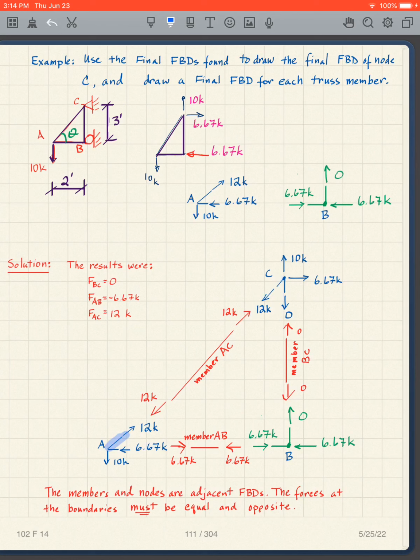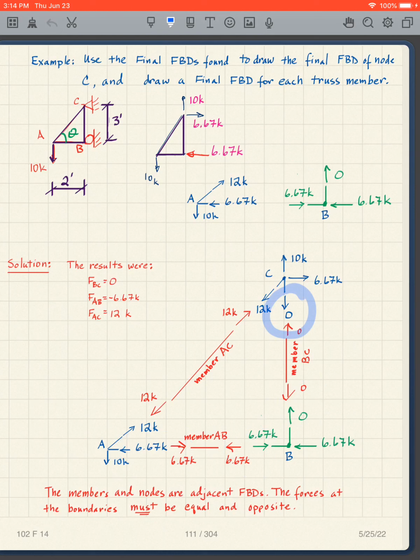Then to be compatible, this member also has to show 12 kips in tension, which it does. These have to be equal and opposite. Same thing with the other ones.